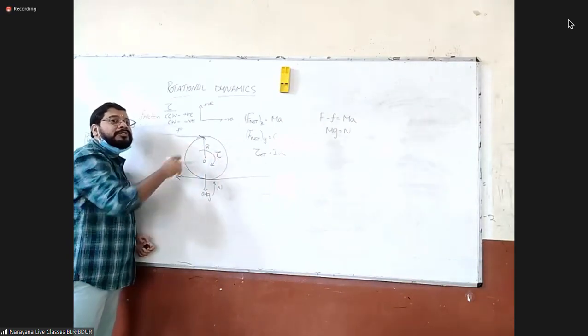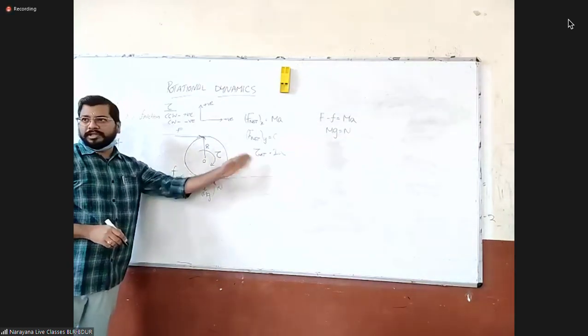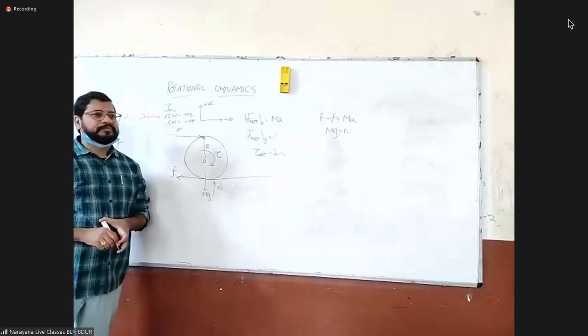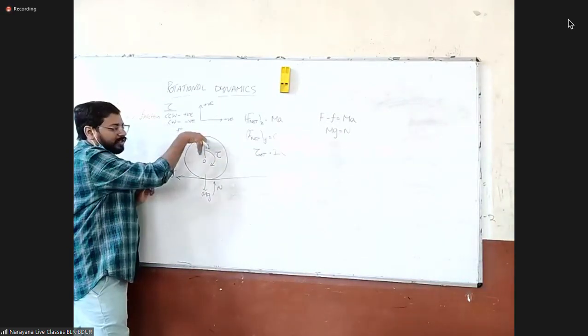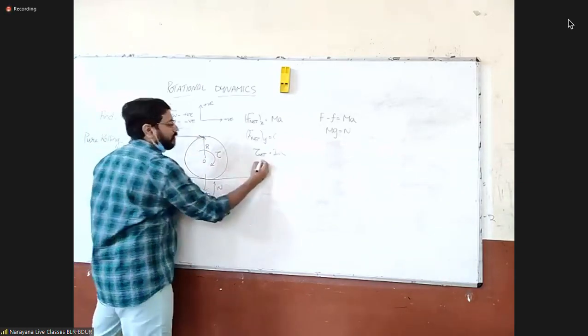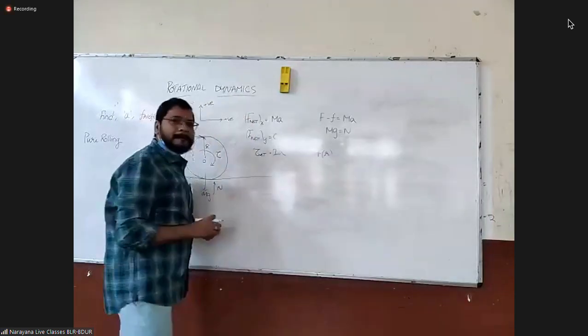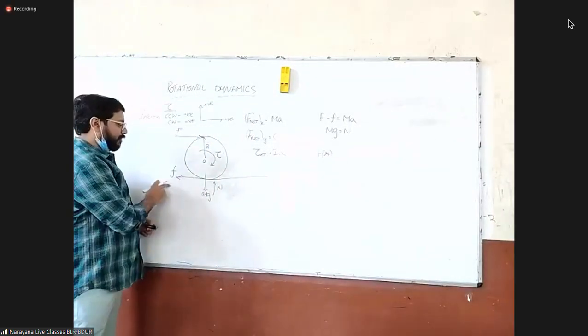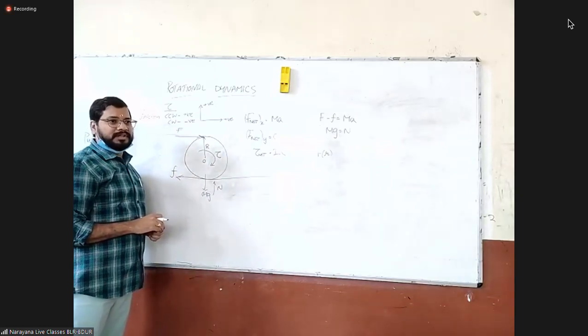So torque is rotating like this. What is your torque formula? I alpha. But what is the net torque? F is clockwise or counterclockwise? Clockwise, right? So I'm writing F into R. Frictional force, clockwise, right?